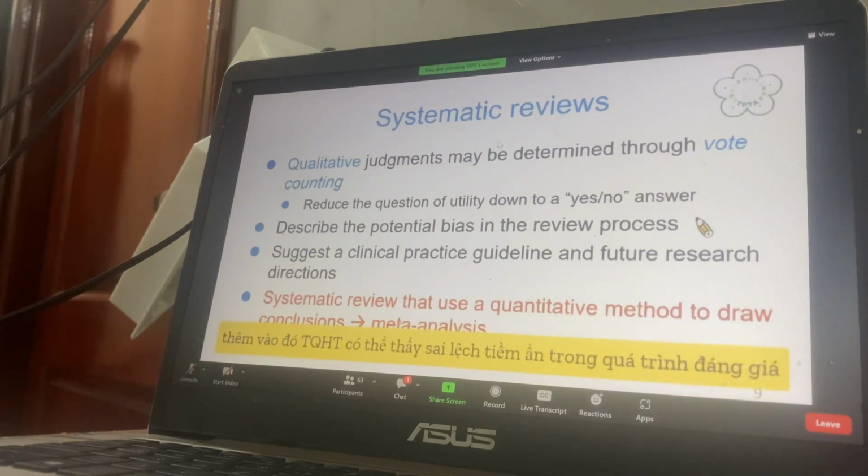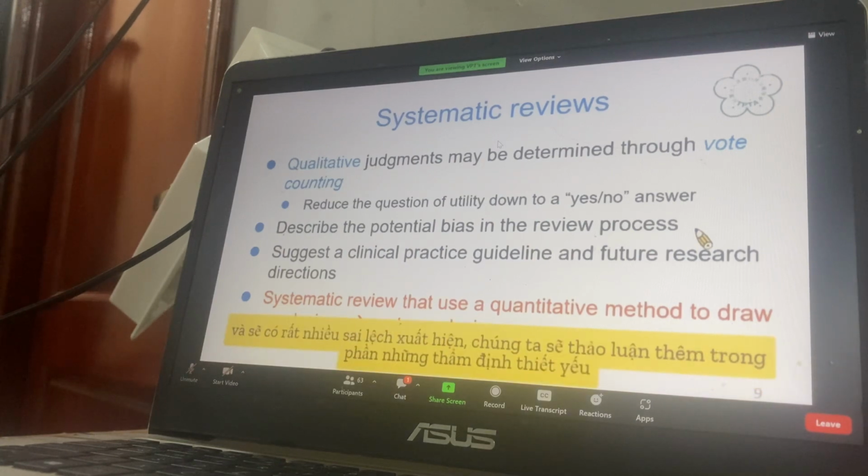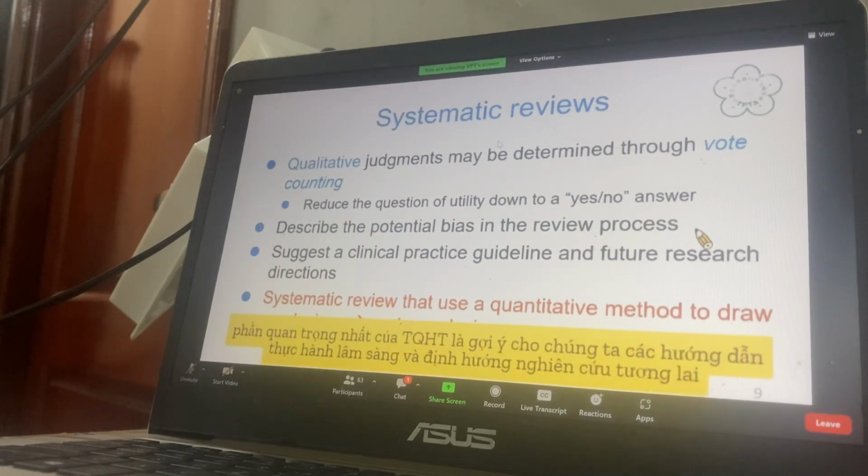In addition, a systematic review would describe the potential bias in the review process. And there are a lot of biases that may occur, which we will discuss a little bit more in the critical appraisal part.